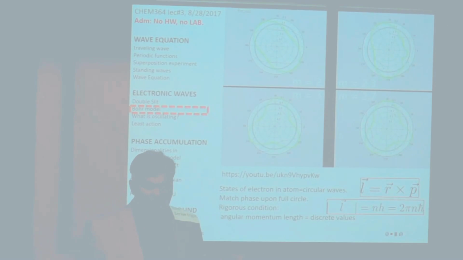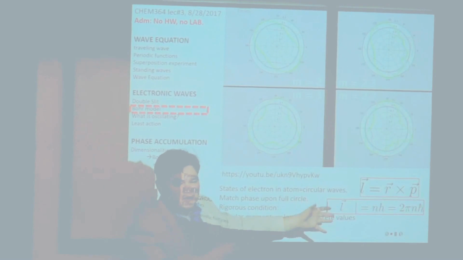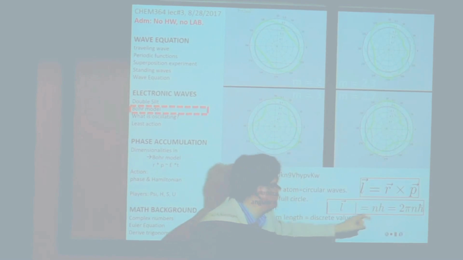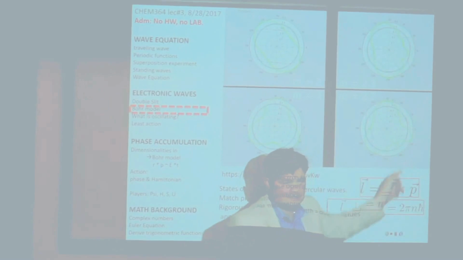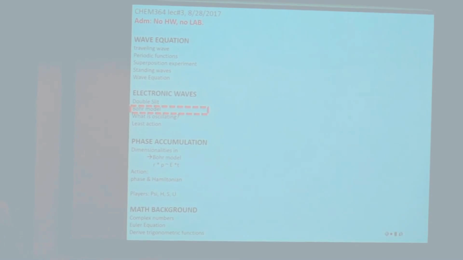If it would be a freshman course, or if I would think of you not as an intellectual elite, but as kids, I would show a portrait of Bohr, and the history of which year it was developed. But let's go quicker. So discrete, and if it is not discrete, then something wrong is going on.